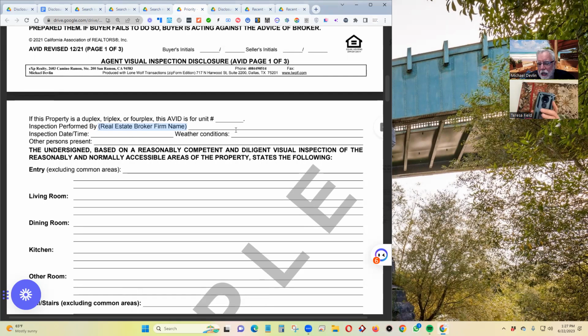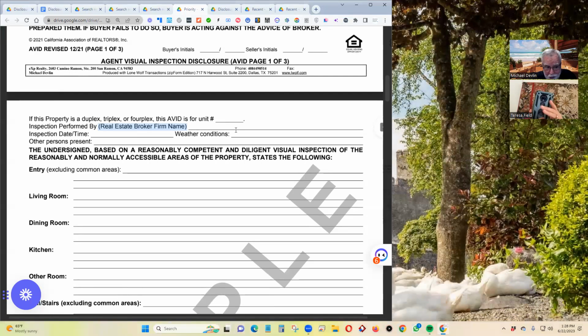Well, if it's cloudy, rainy versus sunny, it might affect what you could see, right? Anyhow, you're supposed to put it down. Inspection, daytime, other persons present. You got witnesses. If there was somebody else present, you can write it down. I don't have a great explanation as to why that's there.